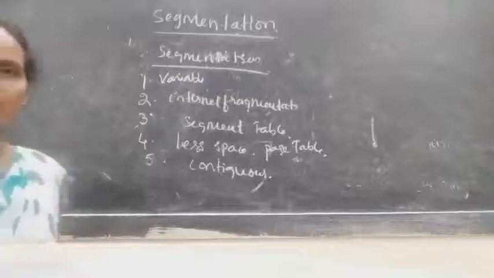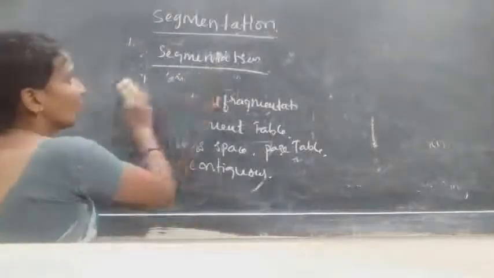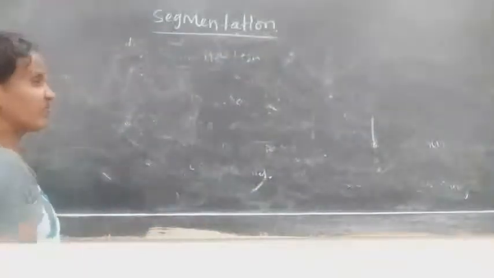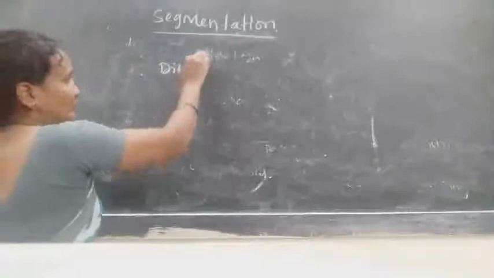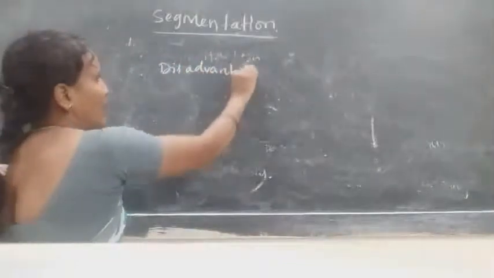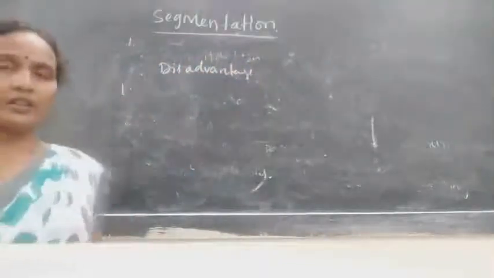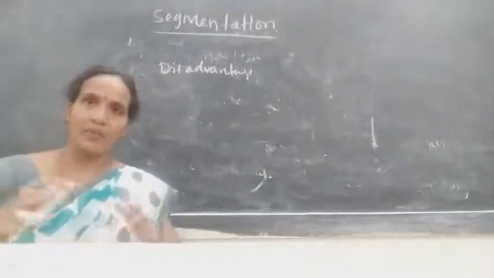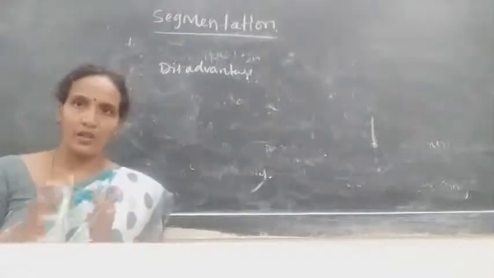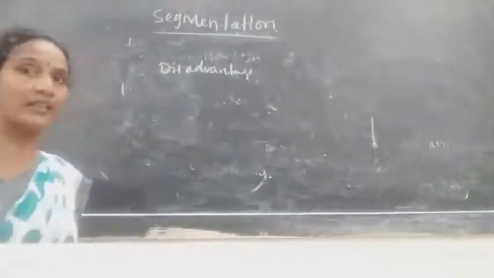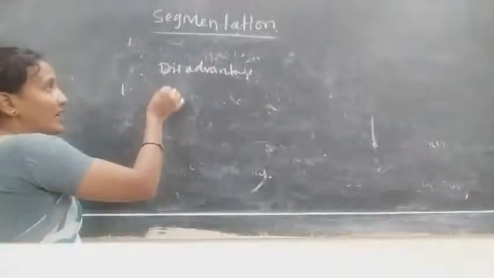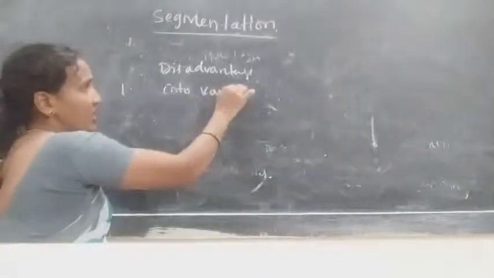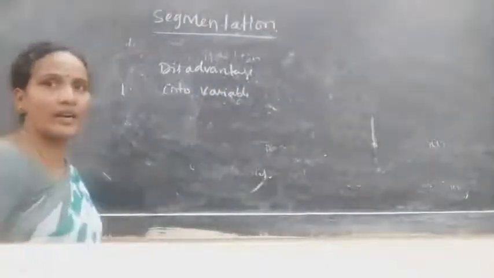Understood? Now we will come to the disadvantages. What disadvantages? First one, if the parts are of fixed size, it is easy to divide them into a fixed size. But here it is difficult to divide parts into variable sizes, because the size is changing every time, so it is difficult to divide the parts.